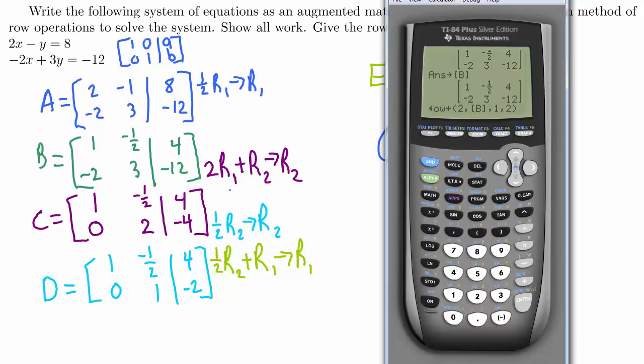Now the reason I do it like this is you can just see it: 2, 1, 2, and telling it which matrix in between. There you go. Store that into the next matrix, in this case matrix C.